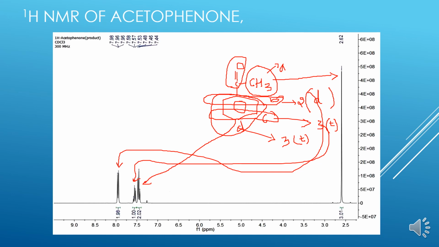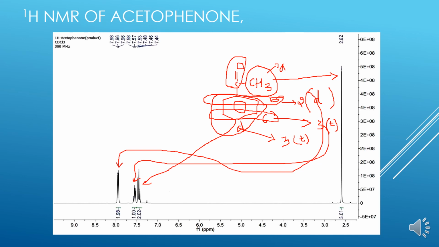Splitting patterns are calculated based on the n plus 1 rule. So there should be neighboring protons in proximity. If the neighboring protons are more than three or four bonds away from the splitting protons, then no splitting takes place.